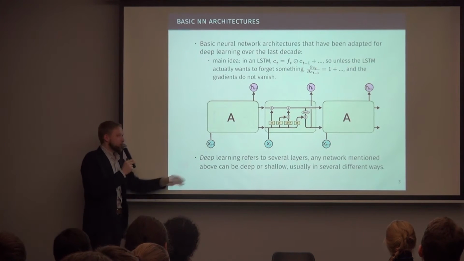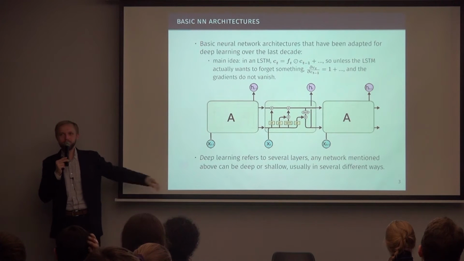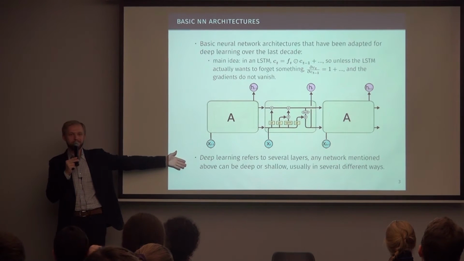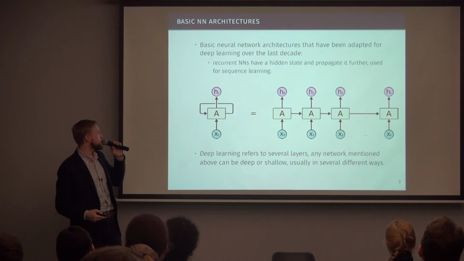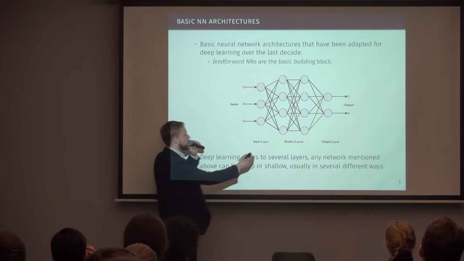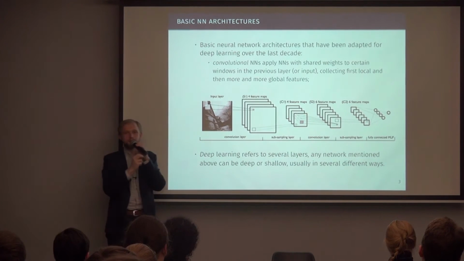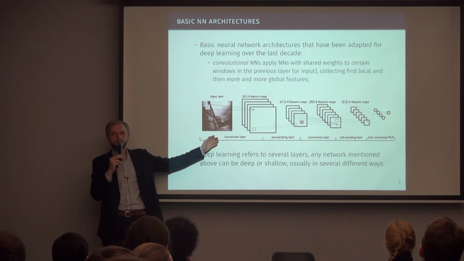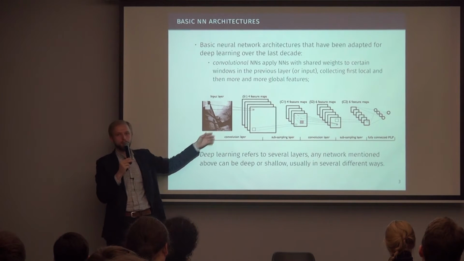When we say deep learning, we basically just mean that there are several layers of this stuff. A deep feed-forward network just means that there are several hidden layers. Convolutional networks are deep almost by definition. They have to have several layers, otherwise they are just useless.